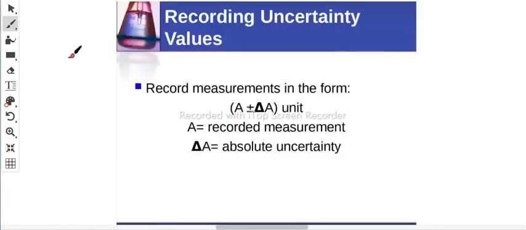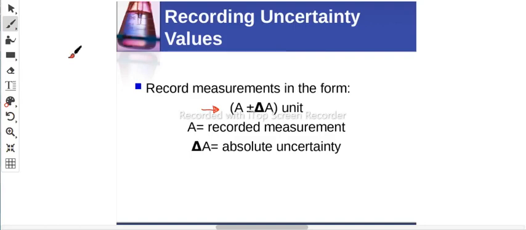Continuing with recording the uncertainty value. Whenever we want to record a measurement inside our lab report or any experimental data, all numbers are given in this form: we write down the value, and beside the value we write the uncertainty, which is plus minus, taken from the equipment or tool used, beside the unit.